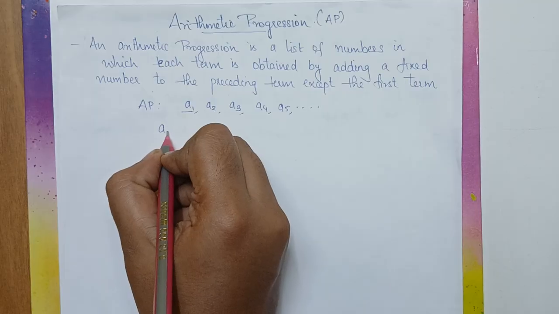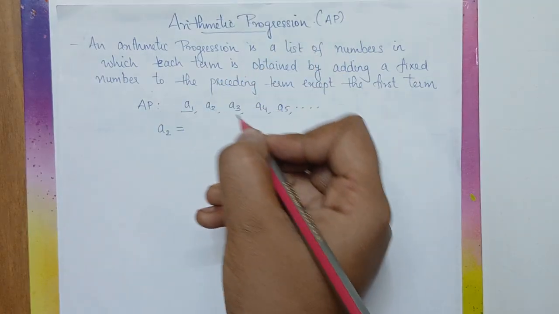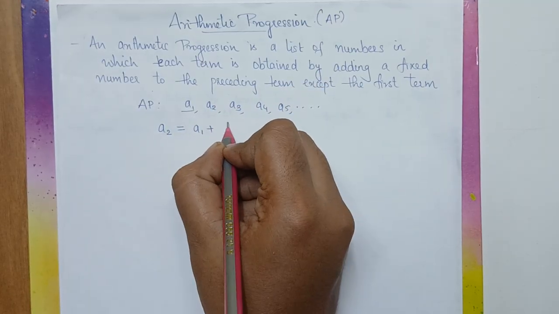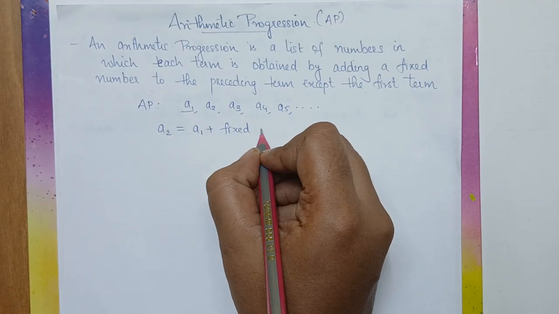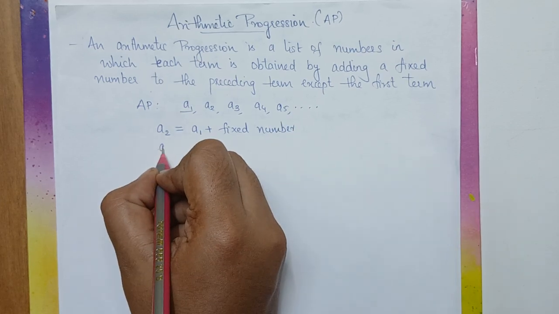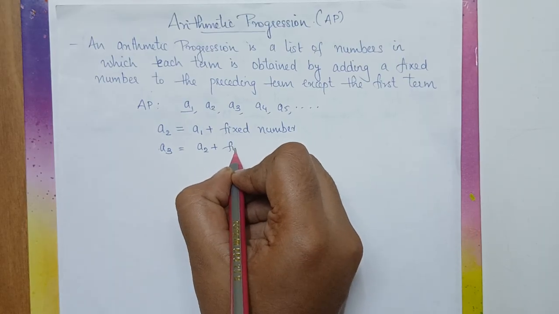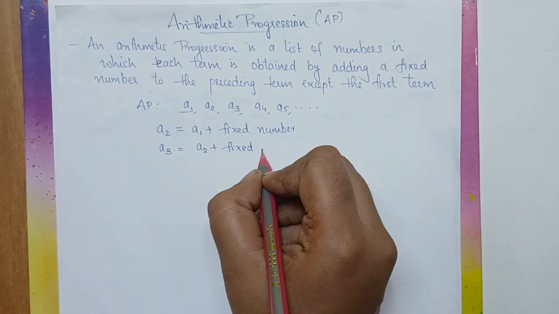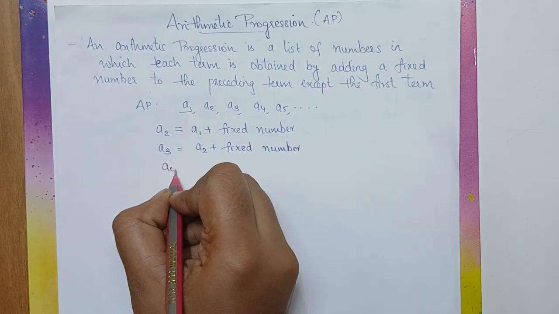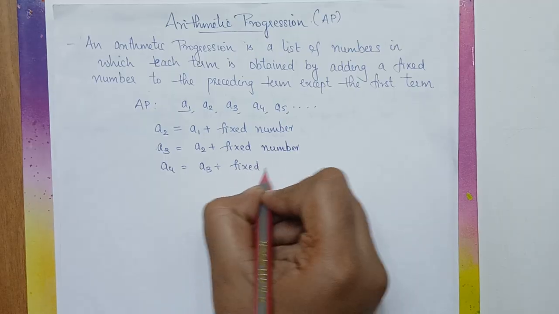That is, A2 is obtained by adding a fixed number to the preceding term, which is A1: A1 plus a fixed number. Similarly, A3 is obtained by adding a fixed number to the second term, the preceding term. Like this, for A4 it is A3 plus a fixed number.